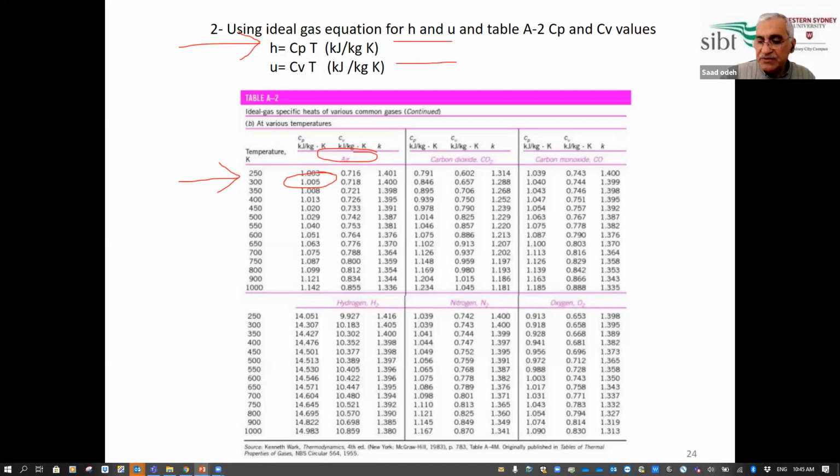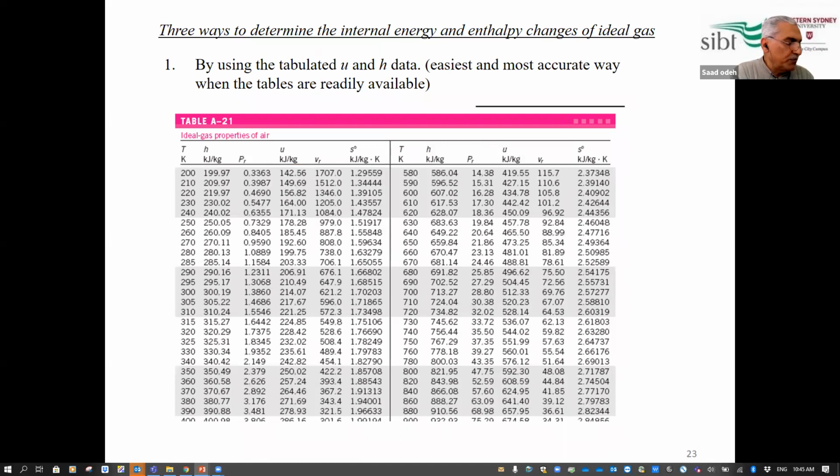If I go to the tables, the one I had before, let me check the enthalpy for air at 300 K. If I can get it from the table. So in this table, if I go down to 300 here, can you see it? And check what the enthalpy H is.